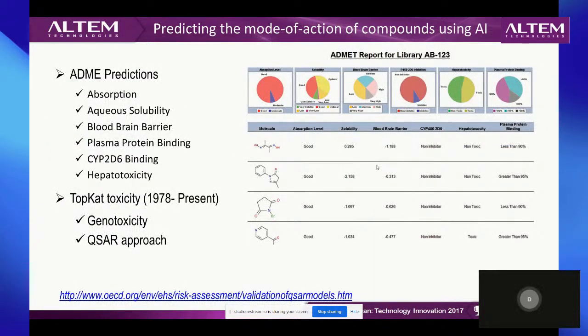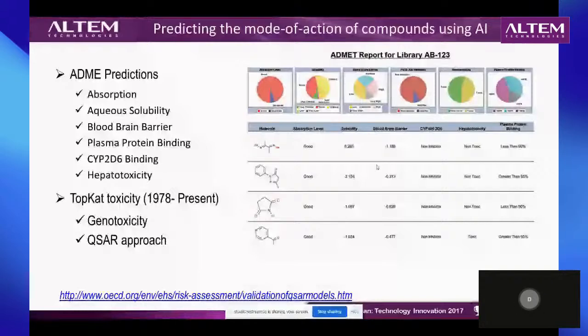And then predicting the mode of action. Say, for instance, what mode of action is required? Maybe absorption, aqueous solubility, blood-brain barrier, plasma protein binding, CYP2D6 binding, hepatotoxicity. These are very, very important properties of your drugs, which need to be analyzed perfectly before going for drug discovery and development.